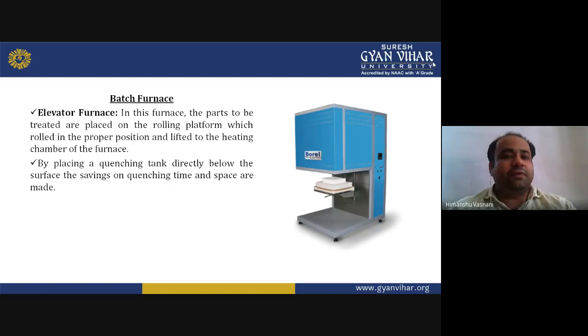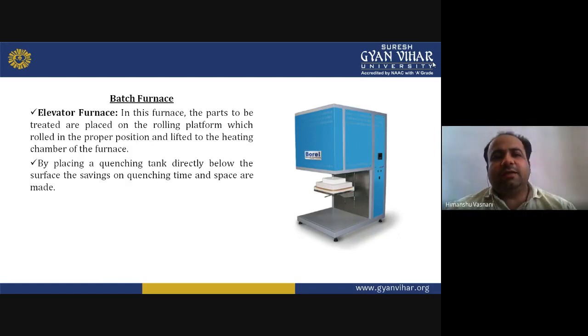Now the elevator furnace. I'll compare the three afterwards, but let me first explain the elevator furnace. In this furnace, the parts to be treated are placed on the rolling platform, which rolls into the proper position and is lifted to the heating chamber of the furnace. As the name says, elevator furnace.